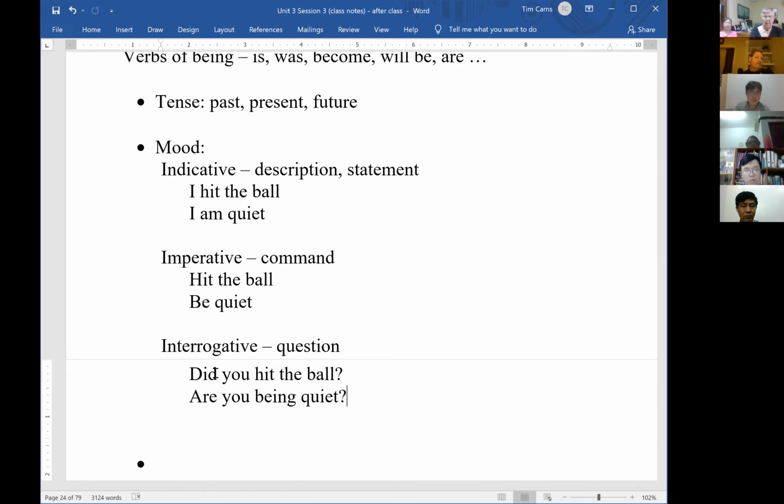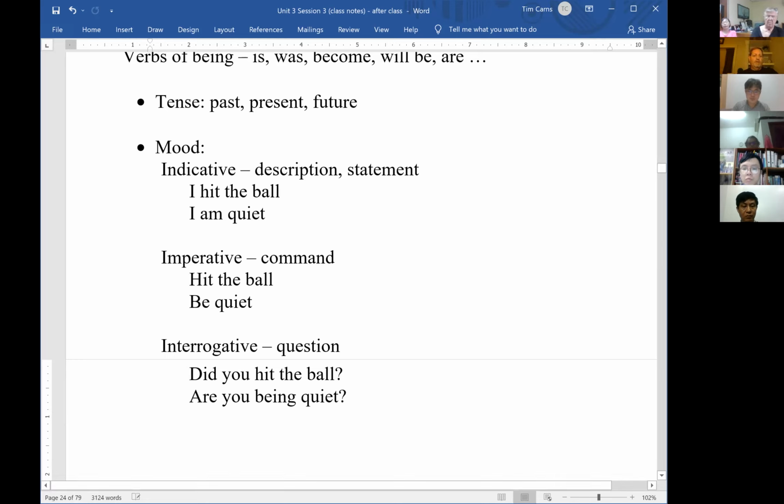I don't know, so I'm asking the question. In the indicative, it's a statement of fact. I know this. I hit the ball. In the imperative, it's a statement of direction, a command. You hit the ball. The interrogative is a question. It's asking for clarification because the answer is not known. Did you hit the ball?